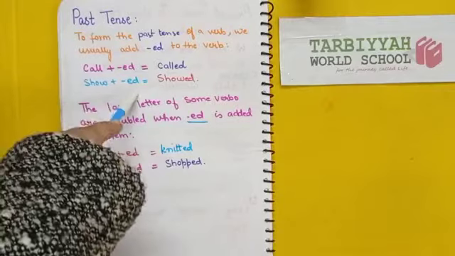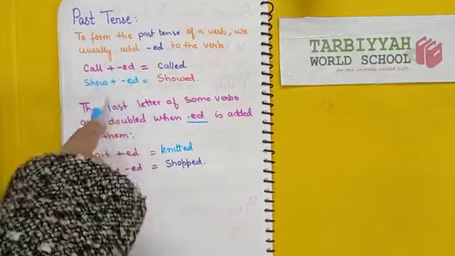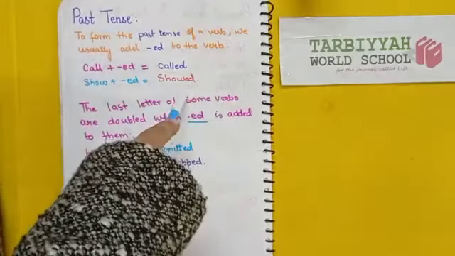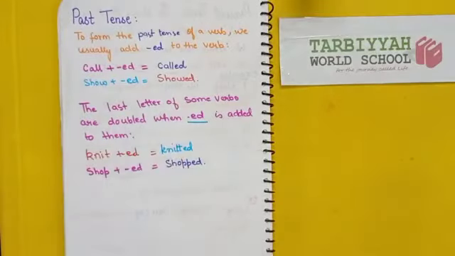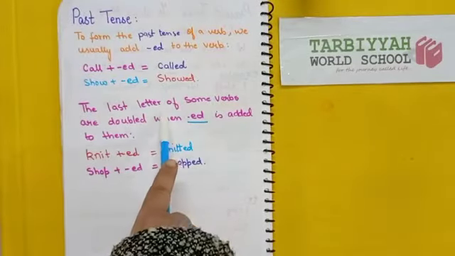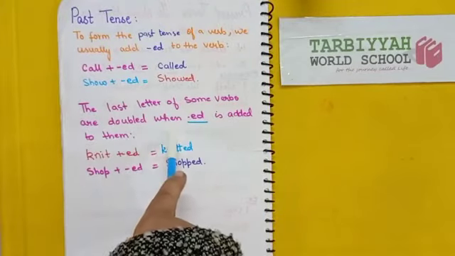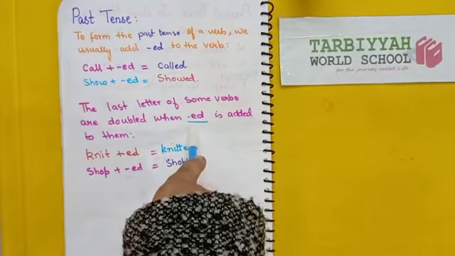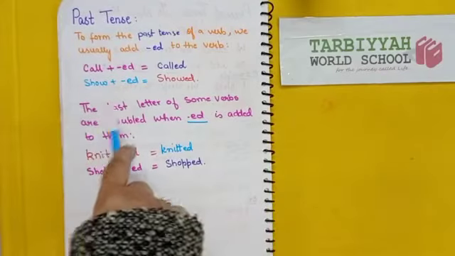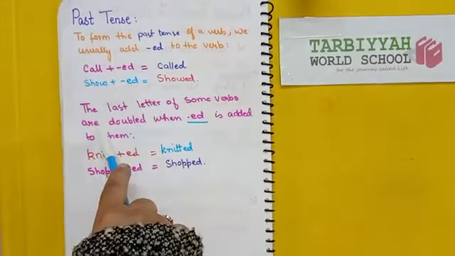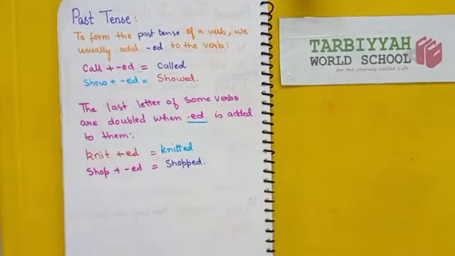To change it to past tense we have to add ed. It's showed, S-H-O-W-E-D. Now the last letter of some verbs is doubled when ed is added to them.